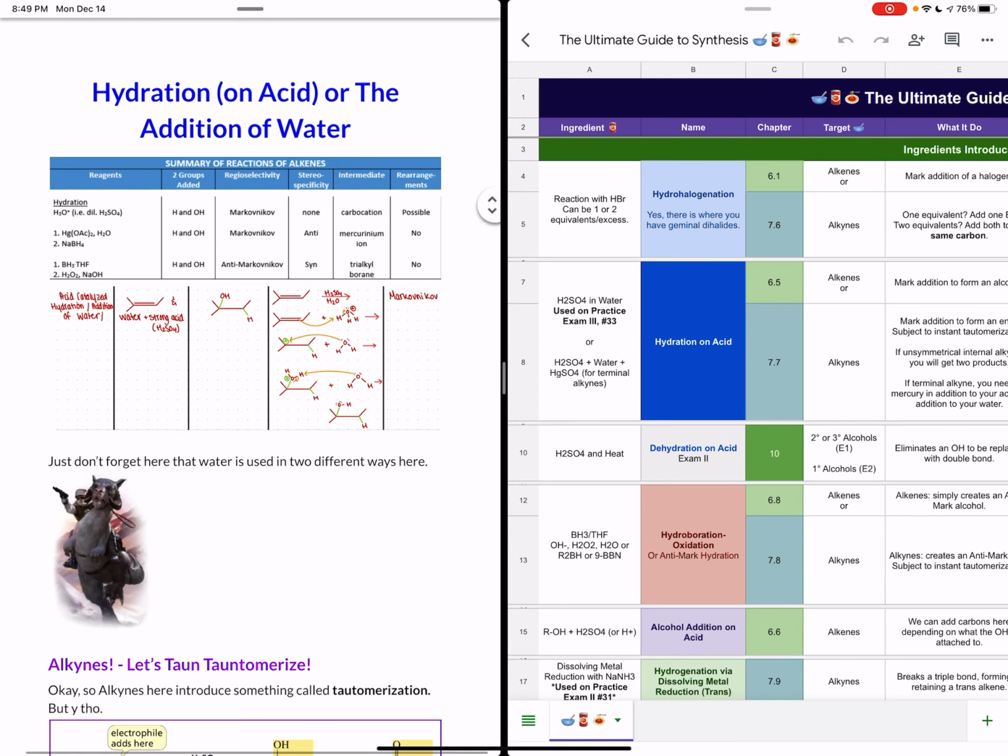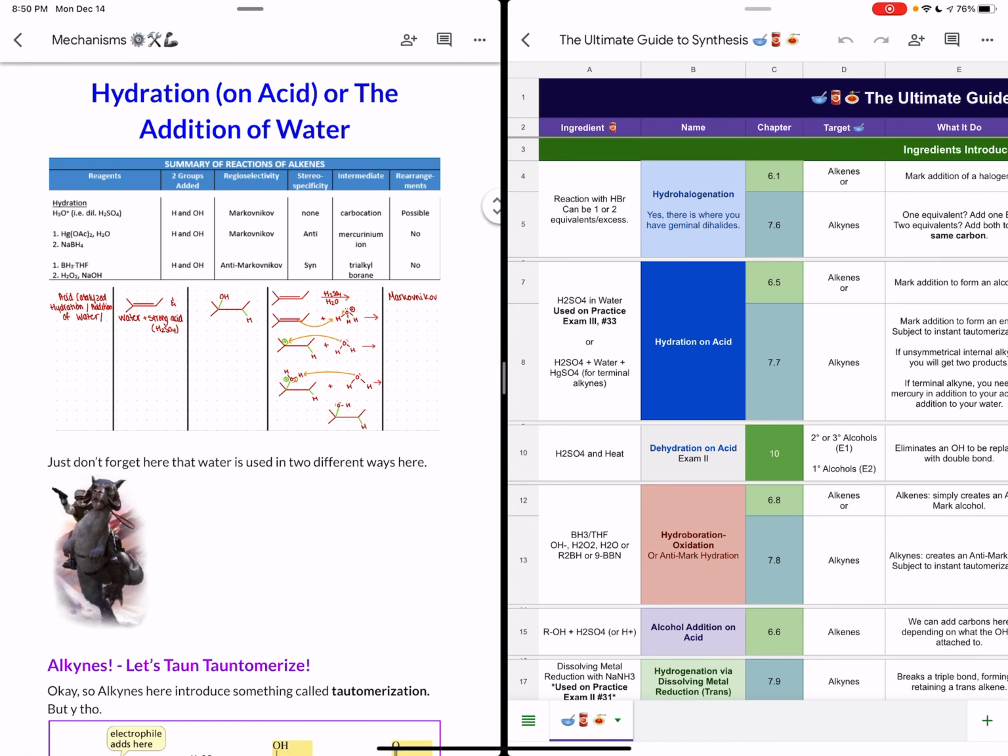Okay. Now we're going to talk about hydration, or the addition of water. This is water and acid, so you're going to see the addition of H2O and an H+, like sometimes an H2SO4, which is an acid, or hydronium, which is an acid, or simply just a proton H+, which is an acid, okay? You can do this with alkenes or alkynes.